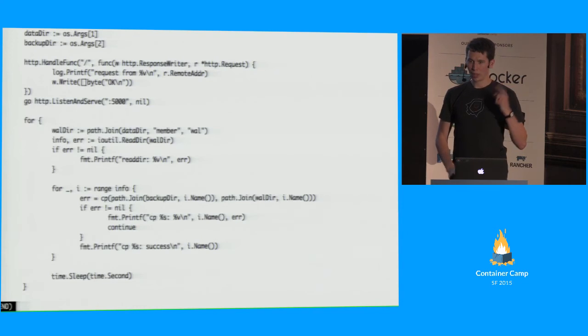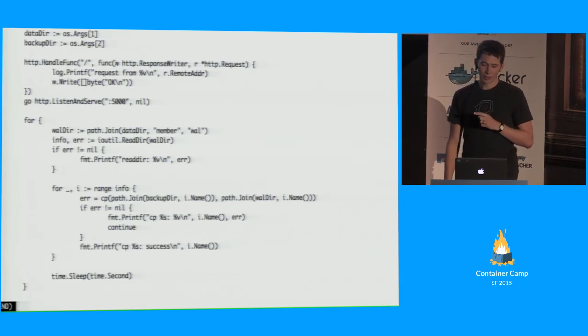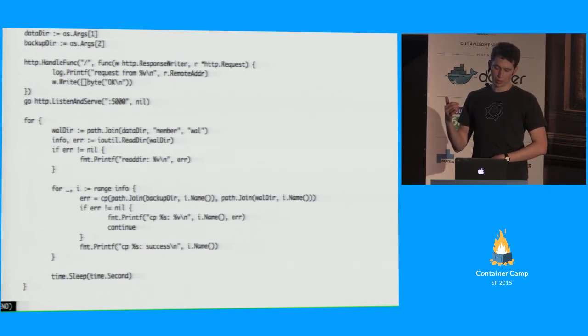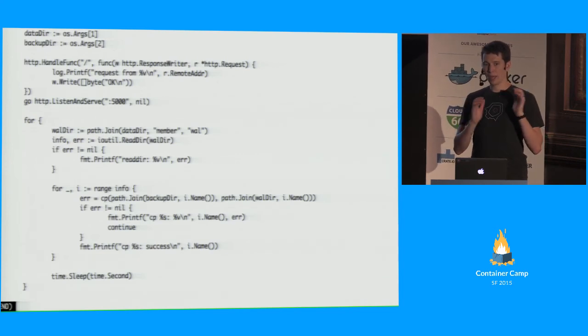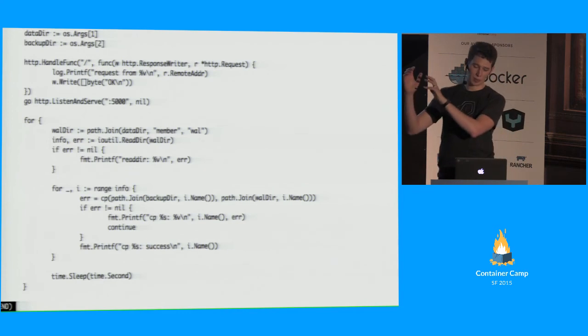It has a health endpoint that returns 200 and an OK in the body, and it listens on port 5000. The program also watches and backs up an etcd write-ahead log directory. So it just sits there every second and copies the files from the current data directory of an etcd process to a backup directory.